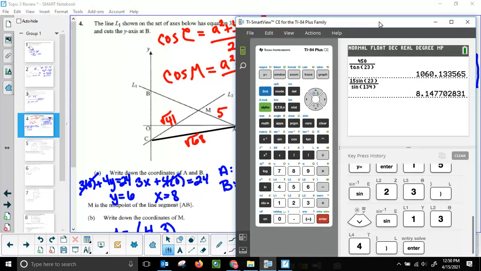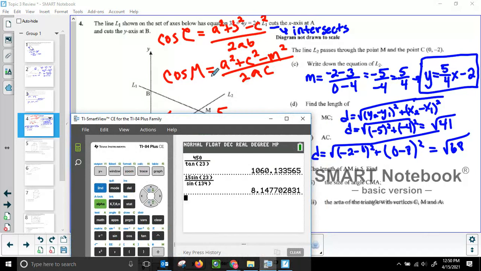Now, of course, what are we going to have to do once we plug all these in? We don't care about cosine m. We want just m. So what are we going to do there? How do we undo cosine? Inverse cosine, right?